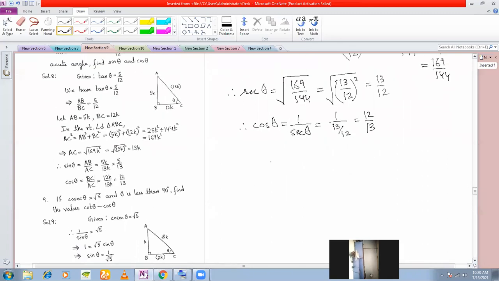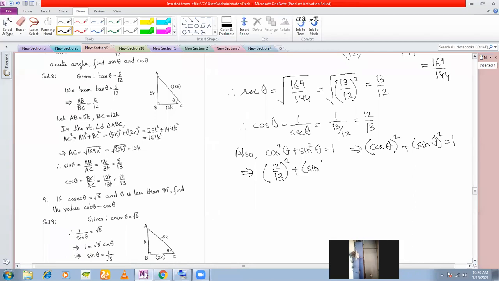How to find sine theta? You know cos square theta plus sine square theta is equal to 1. So cos theta whole square plus sine theta whole square is equal to 1. Put the value: (12 by 13) whole square plus sine square theta is equal to 1.